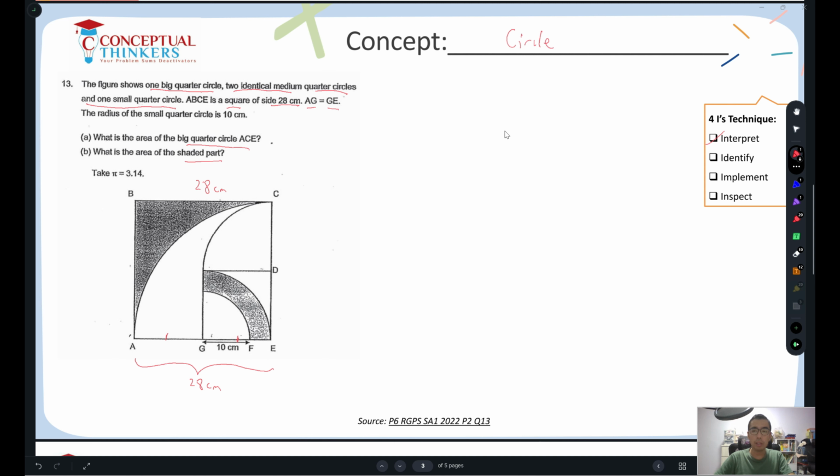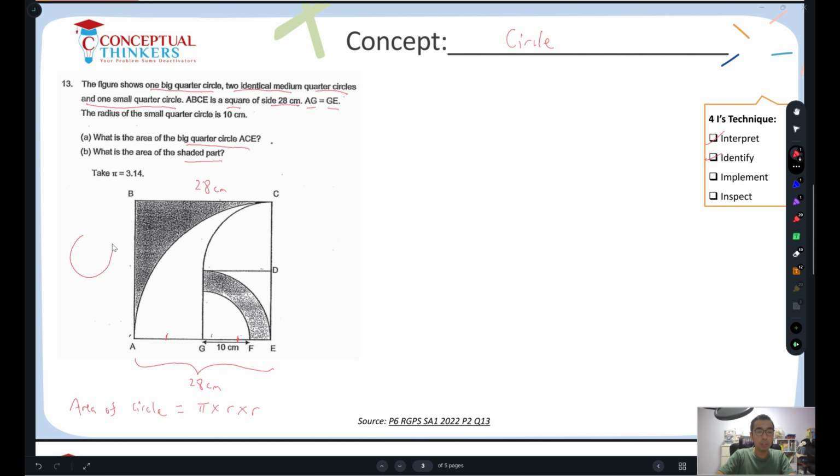Okay, so for those who haven't learned circle in school yet, I'm going to show you the formula for area of circle. So area of circle will be equal to pi times radius times radius. Now radius here is the distance between one point of the circle to the center of the circle.